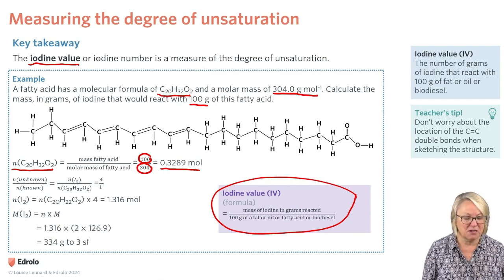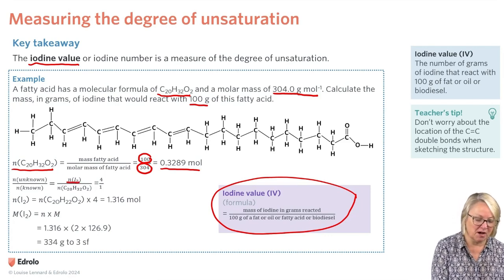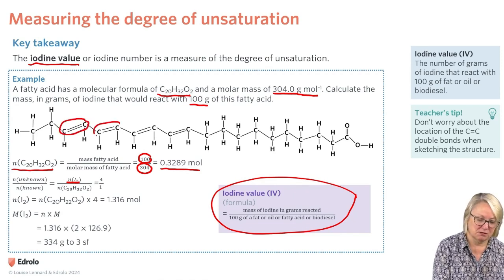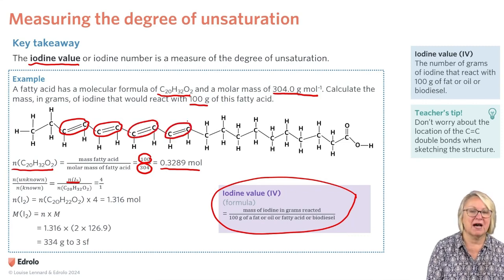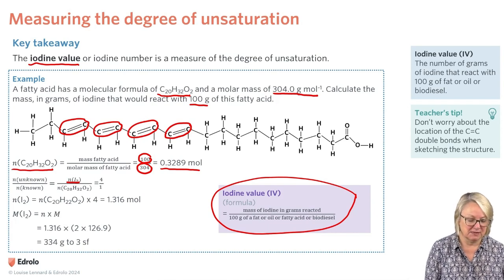Number of mole of the unknown divided by number of mole of the known. The number of mole of iodine is 4 to 1 because we have 1, 2, 3, 4 carbon-to-carbon double bonds. So we need 4 times as many mole of iodine as the number of mole of the fatty acid.